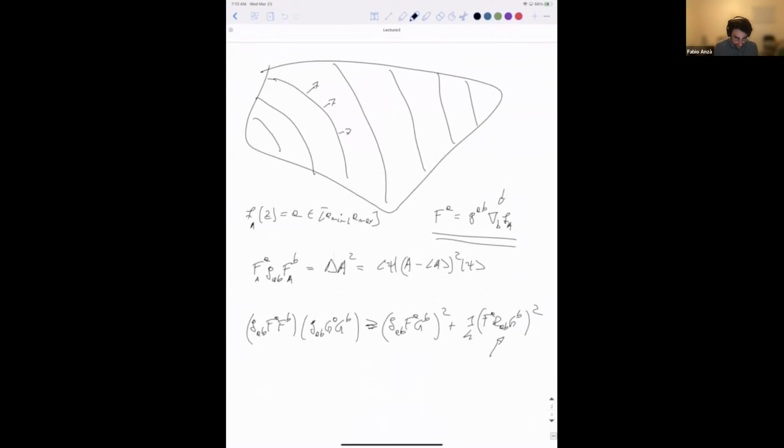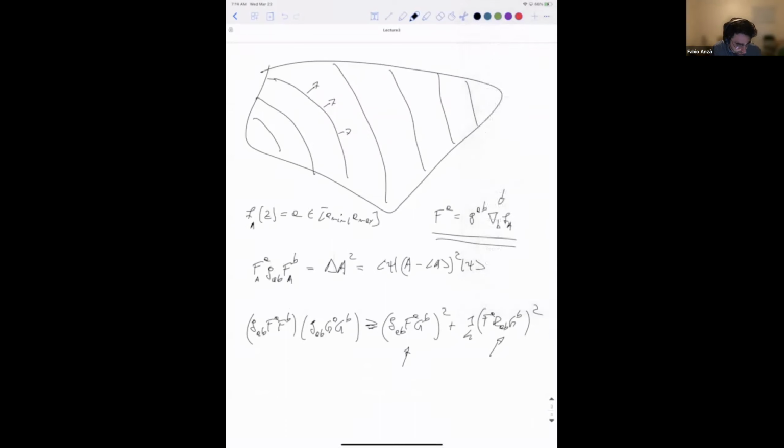Basically the standard uncertainty principle comes from ignoring this term. But as we know, this can be strengthened by keeping this term, which gives us a tighter inequality. The standard approach is obviously the same.